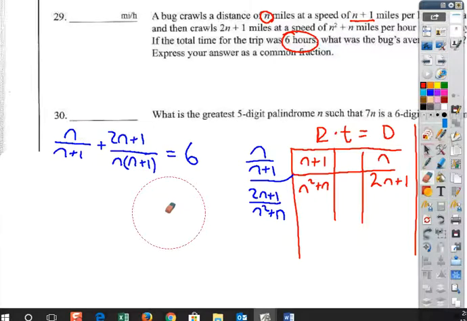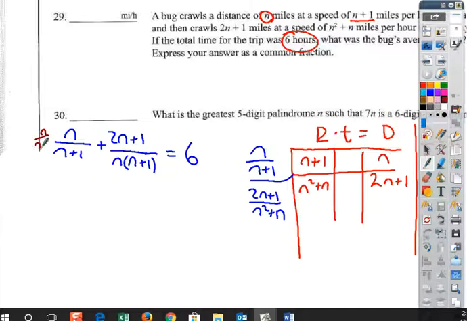Excellent. So we have an n plus 1 in both denominators. What's the only piece that's missing from this denominator? N. Another n. So I'm going to multiply the first fraction by n over n, because n divided by n is 1.